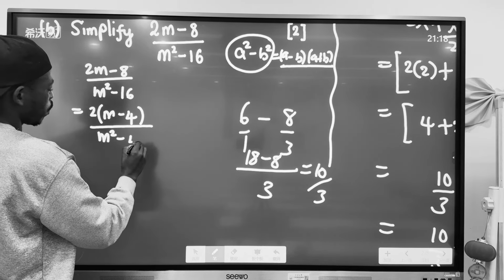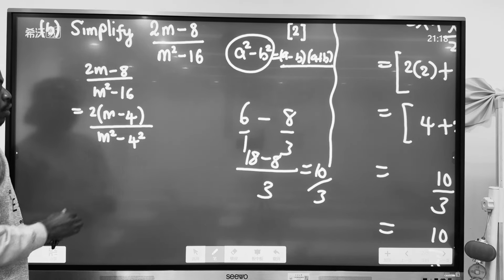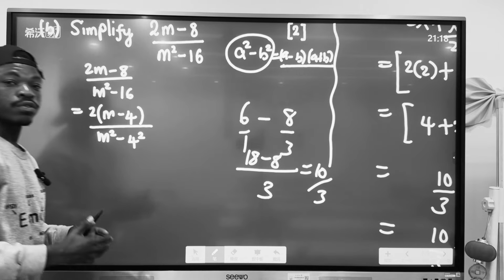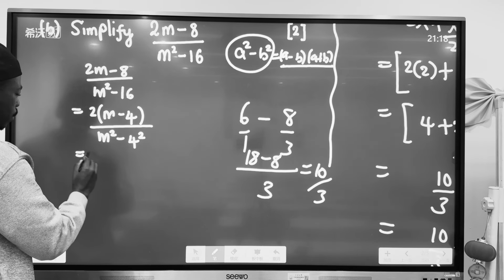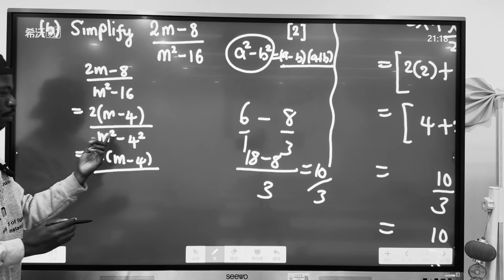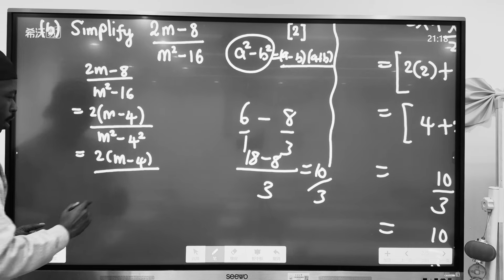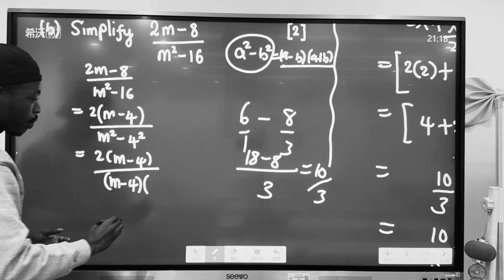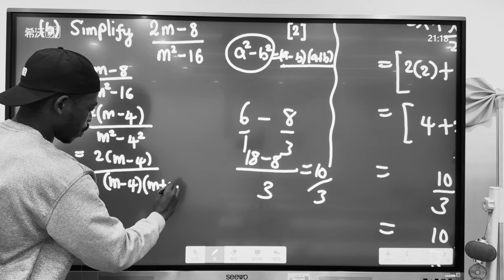So it will be minus 4 squared. Now that we have this form, we can use this definition to factorize it. We know that, forgetting about the squares for a moment, you're going to have m minus 4. Then you repeat the same thing with a different sign, m plus 4.